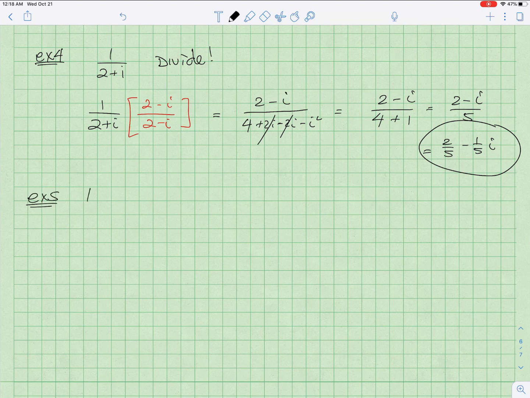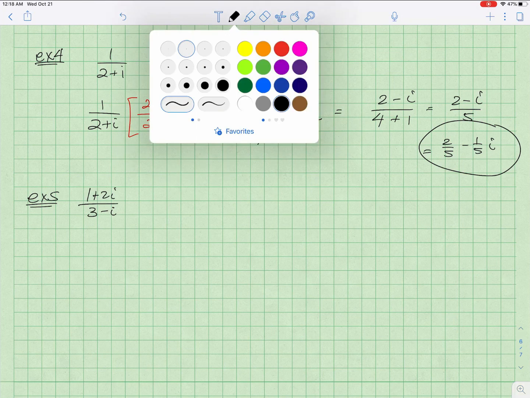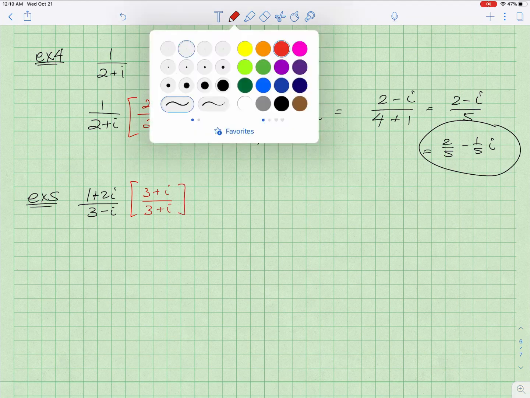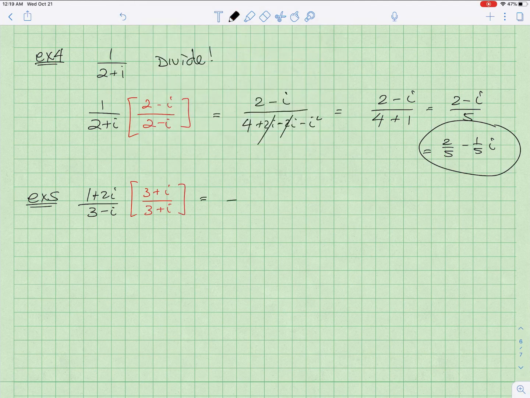Let's do one more. 1 plus 2i over 3 minus i. Again, we're just going to use the same technique, no big deal. We'll multiply top and bottom by 3 plus i. And in the denominator, we're going to get 9 minus 3i plus 3i minus i squared when we FOIL.